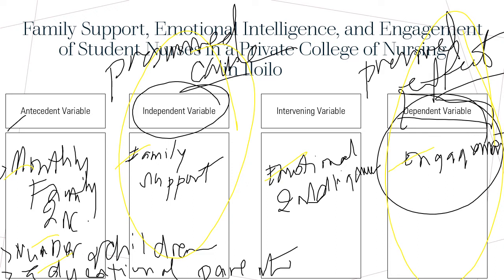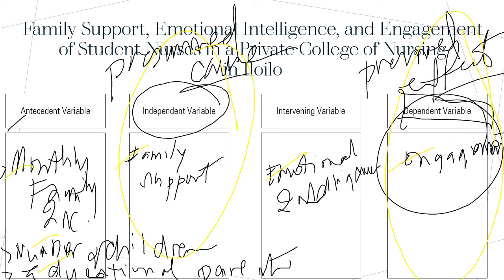So I would state my fourth specific objective as: determine the level of engagement of student nurses in terms of number of recitations during class, number of reactions during class. Right? There are reactions given in platforms like Zoom. Okay, so you can have that. Again, it's more specific. So those are the four.